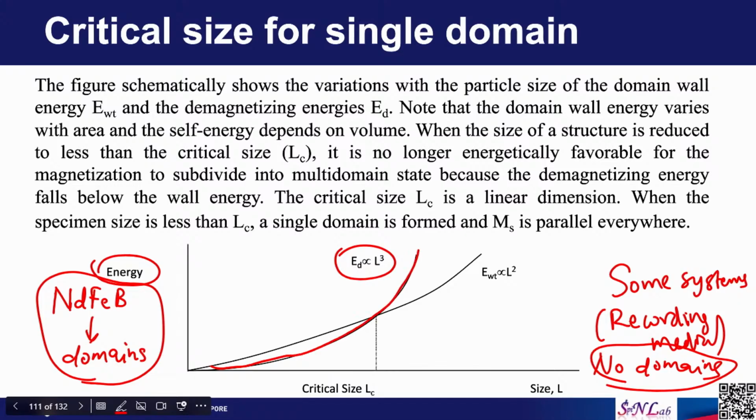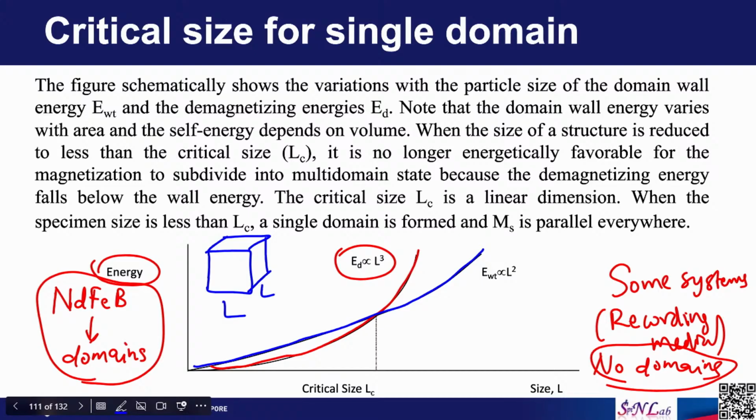It goes as L to the power 3, whereas the formation of domain walls has an L squared dependence. Here you can imagine a cube, for example.